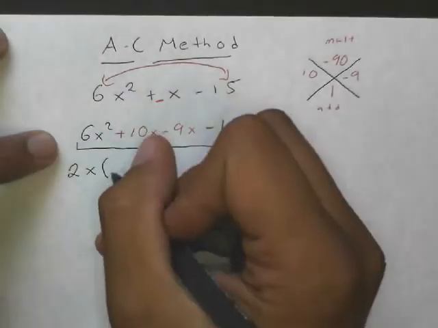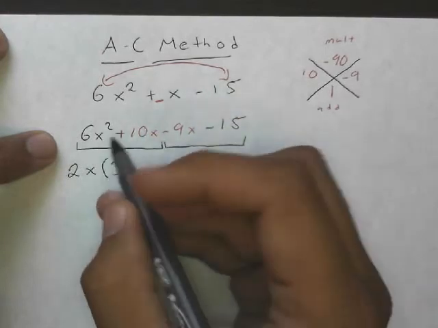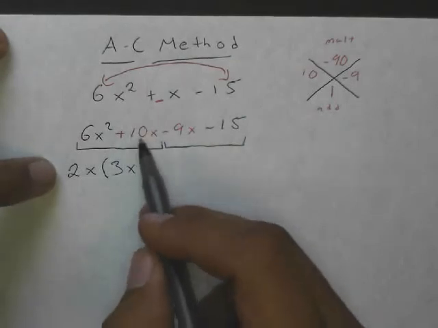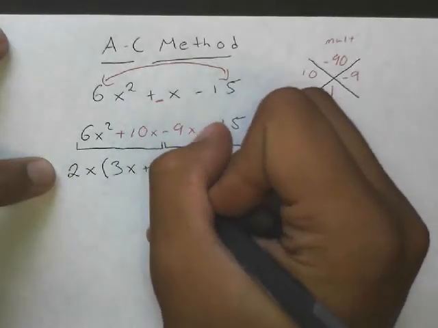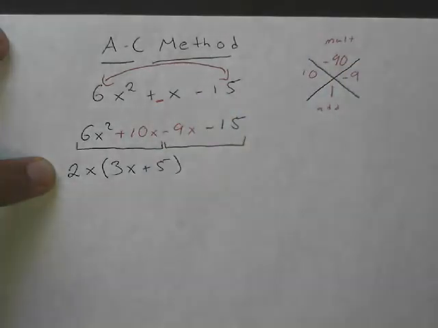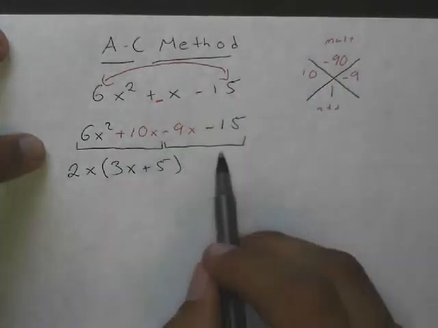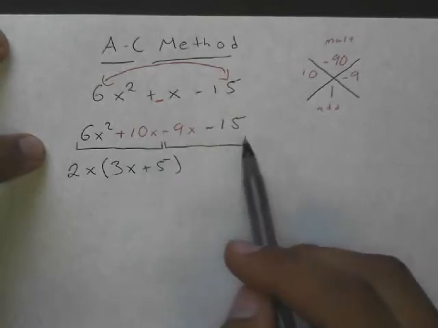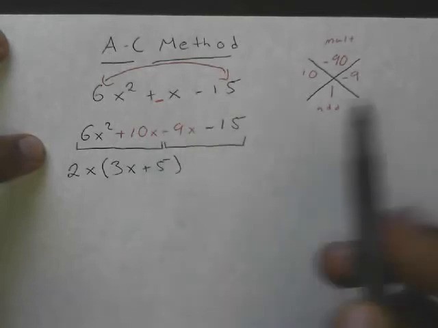Taking out 2 from 6 leaves me with a 3, and 1x out of there leaves me with just an x. Taking 2 out of 10 will leave me with a positive 5, and taking 1x out leaves me with no x's inside. Again, notice I have grouped in that negative sign in the second set of terms.